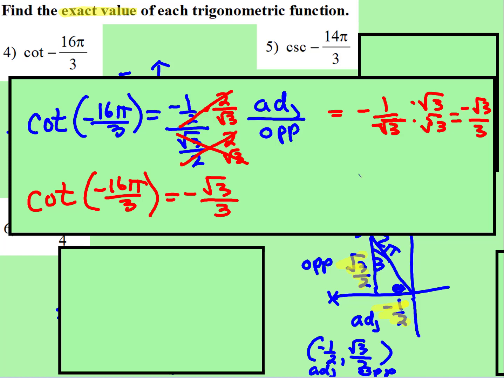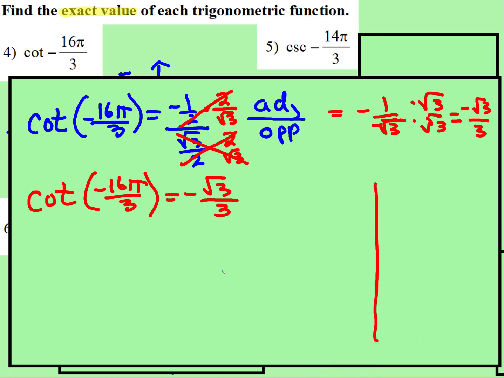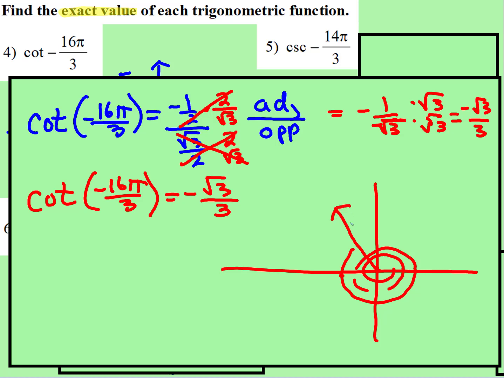And we did all of that simply by locating negative 6 pi, negative 12 pi, negative 15. We located where negative 16 pi thirds is.